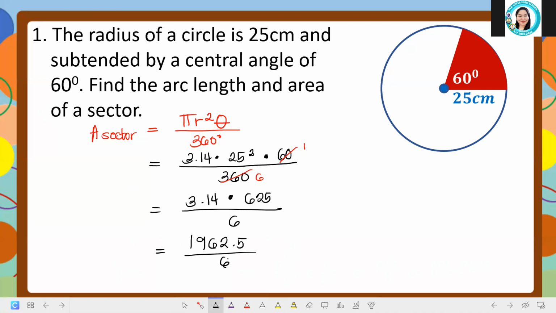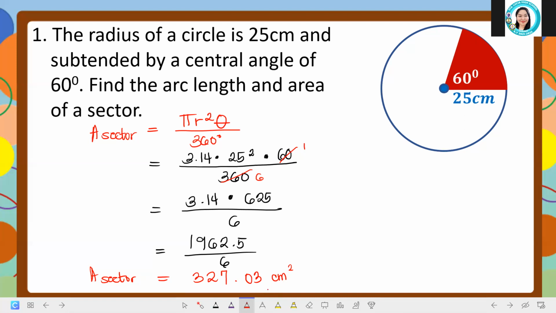We divide it to 6, and the area of a sector is equal to 327.03 centimeter squared.